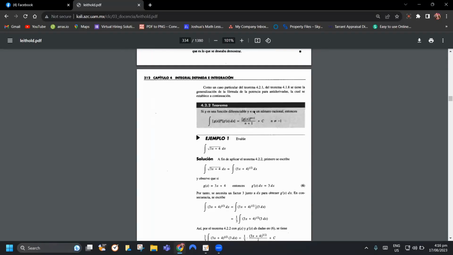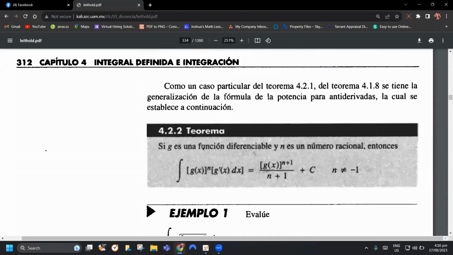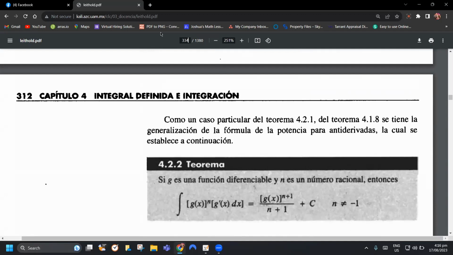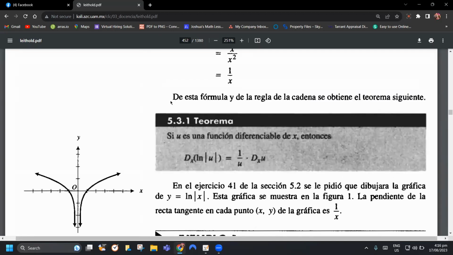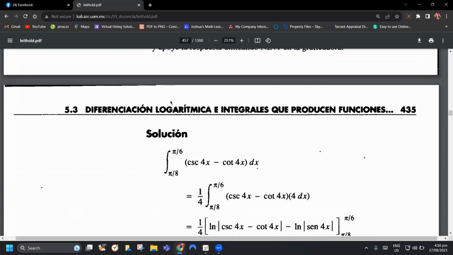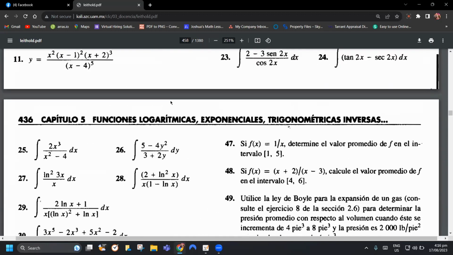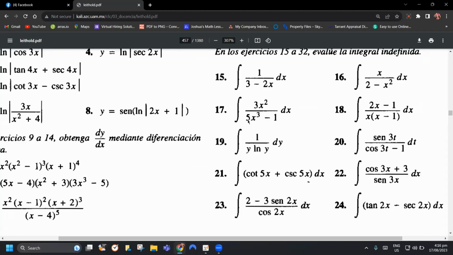Ano pong page sa ano? Sa book? Page 437 sa book. Yeah. So, ano ba yung mga 400? Ano ba?